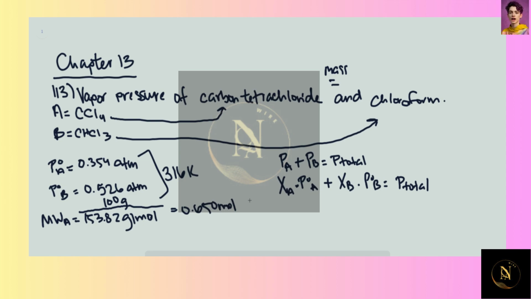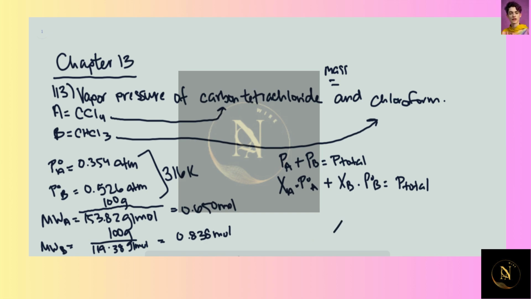That's 0.650. We can do the same thing for chloroform. Because we have equal masses, 100 grams divided by the molecular weight of chloroform, which is 119.38 grams per mole, gives us 0.838 moles.